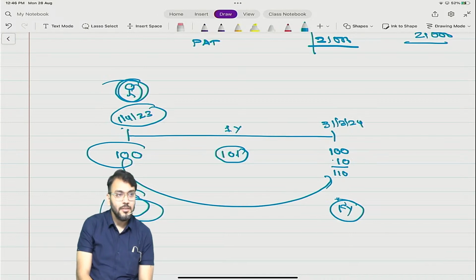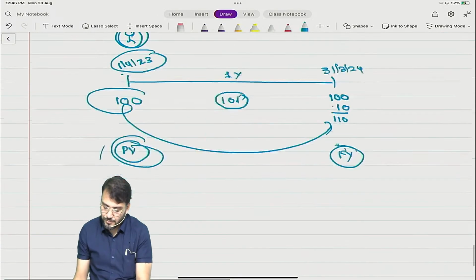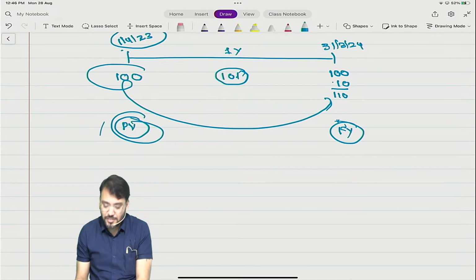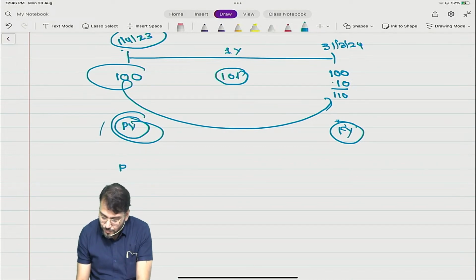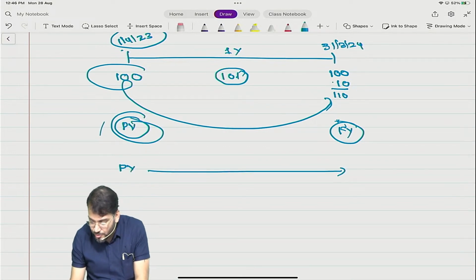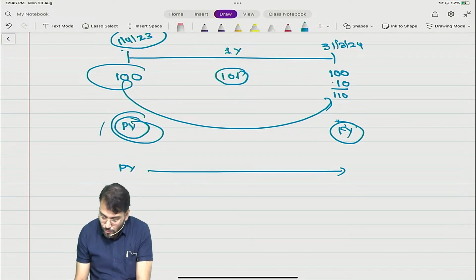Correct. So can I say in this way? From present value, if you want to calculate future value, what will you do? 100 into 1 plus r by 100 to the power n.